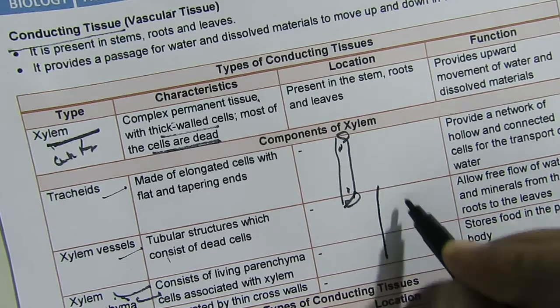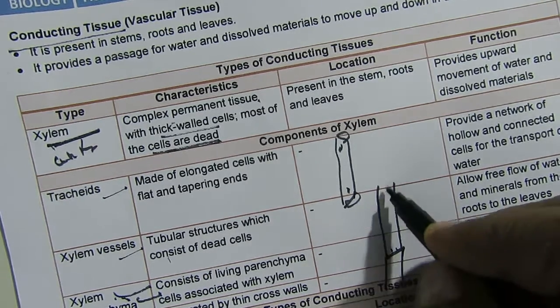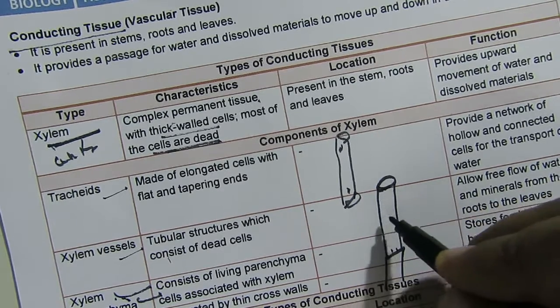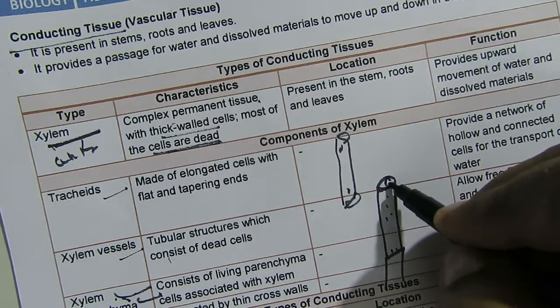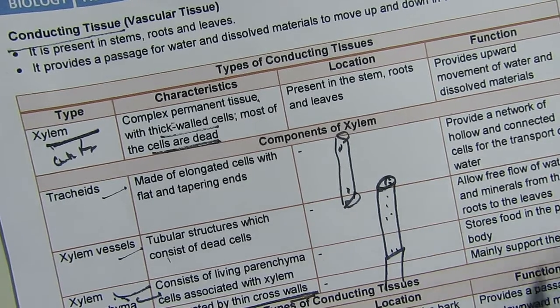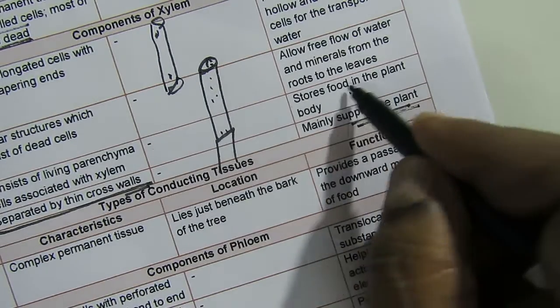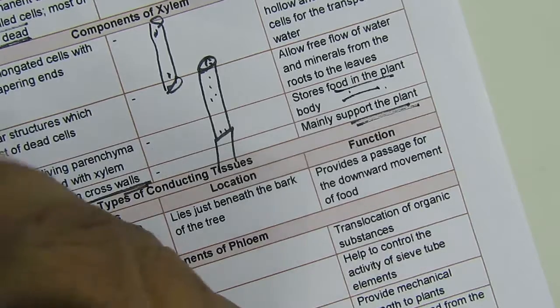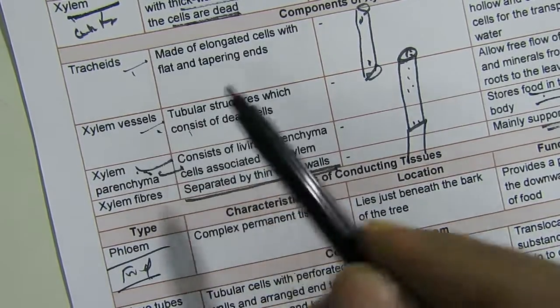Vessels are perfect tubes, arranged end to end, and they help in movement of water. Fibers, wherever present, support the plant. And xylem parenchyma stores food. But the function of tracheids and vessels is to transport mainly water.